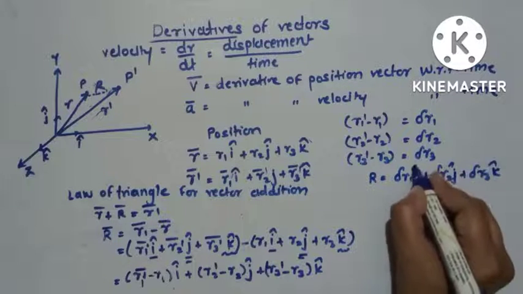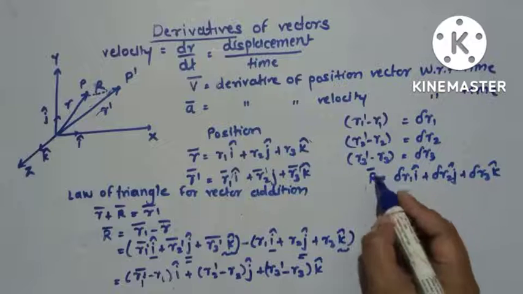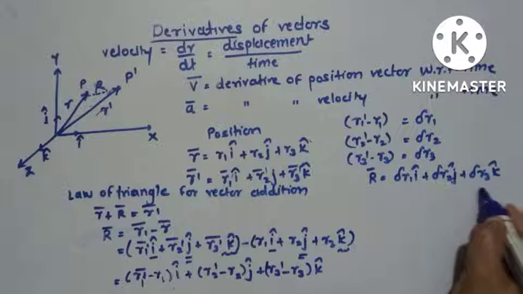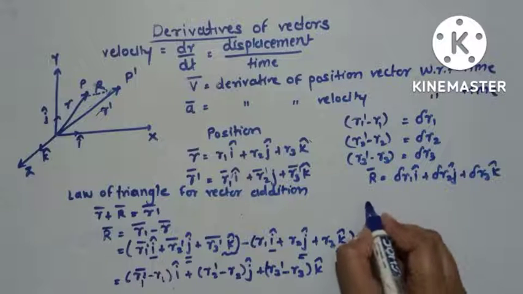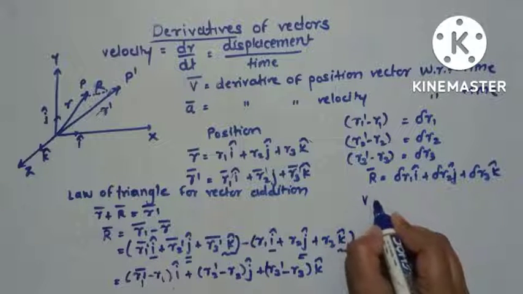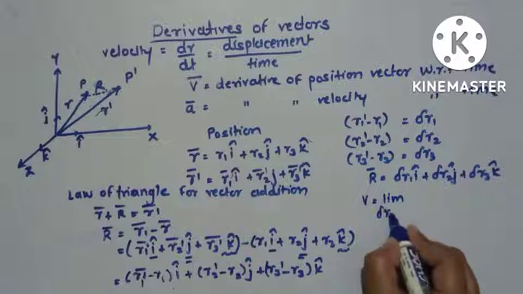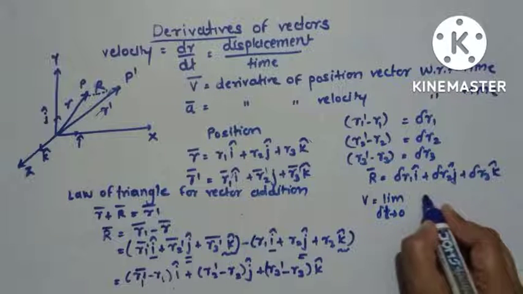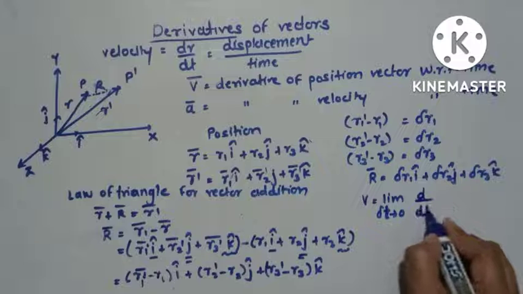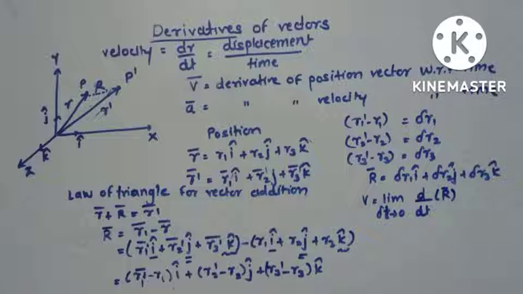This will be the expression for the resultant position vector capital R. Now if I take the derivative of this resultant position vector with respect to time, I am going to get the velocity. So I can write the expression for velocity as v is equal to limit delta t tends to 0, d by dt of capital R.